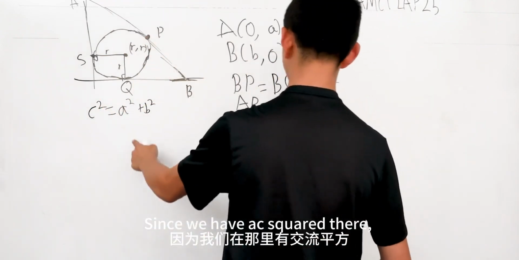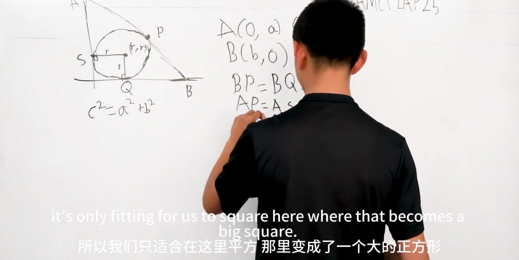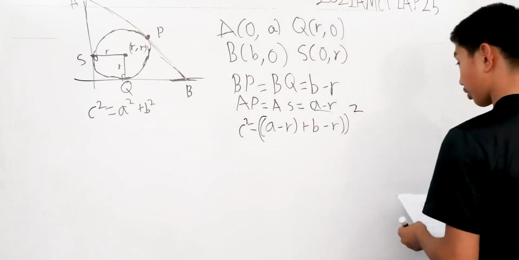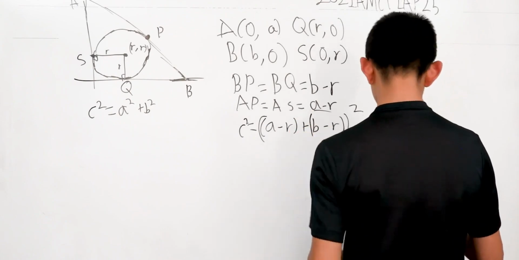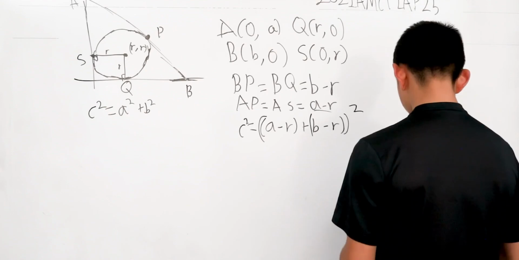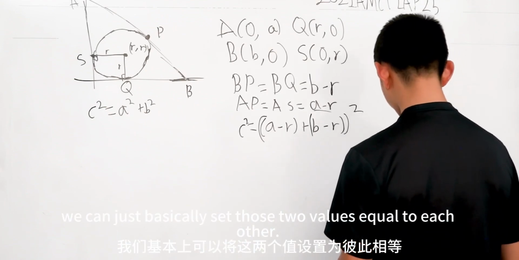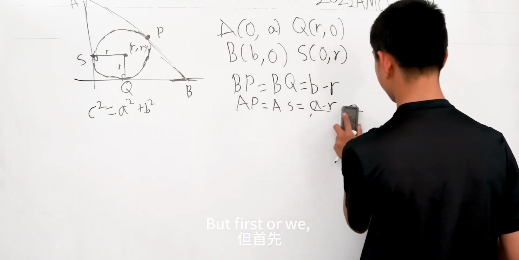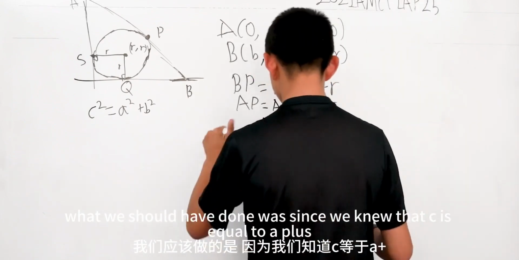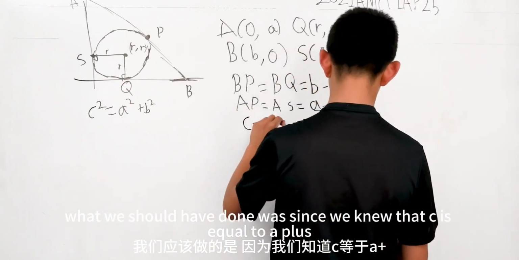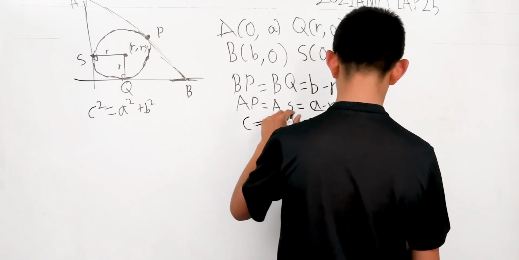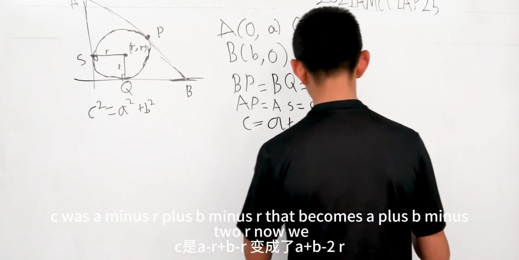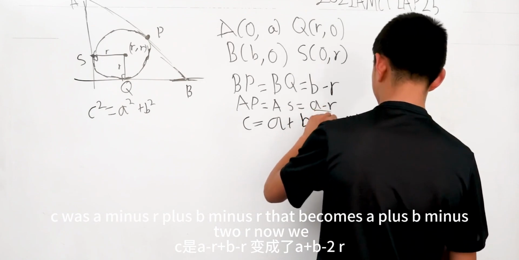Since we have a c squared there, it's only fitting for us to square the other expression as well. Since c was a minus r plus b minus r, that becomes a plus b minus 2r.